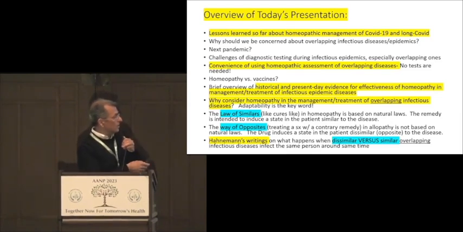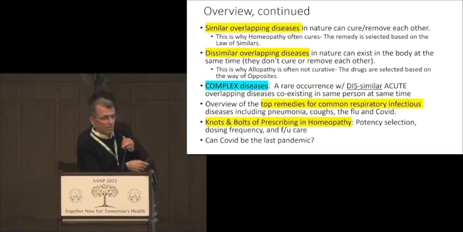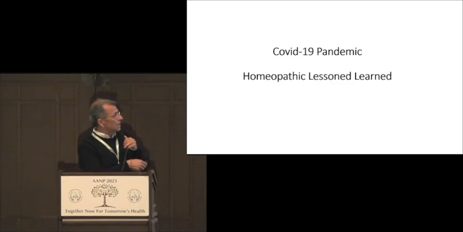We're going to talk about some basics of homeopathy like the law of similars, and delve into the Organon and how it views similar versus dissimilar overlapping diseases, and the subject of complex diseases, which falls under dissimilar overlapping diseases. And then some nuts and bolts of prescribing and the top remedies for acute respiratory infections, which I'm sure you are interested in. So these are the lessons that I have learned.